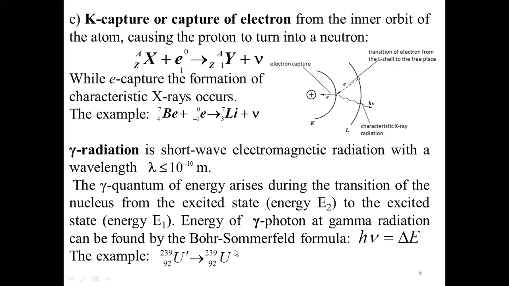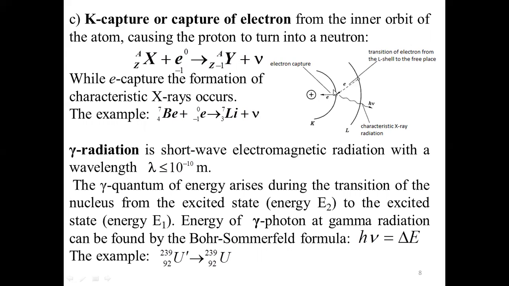K capture is the capture of an electron from the inner orbit of the atom, causing a proton to turn into a neutron. So here is our atomic nucleus, and here we have the nearest orbit to this nucleus.